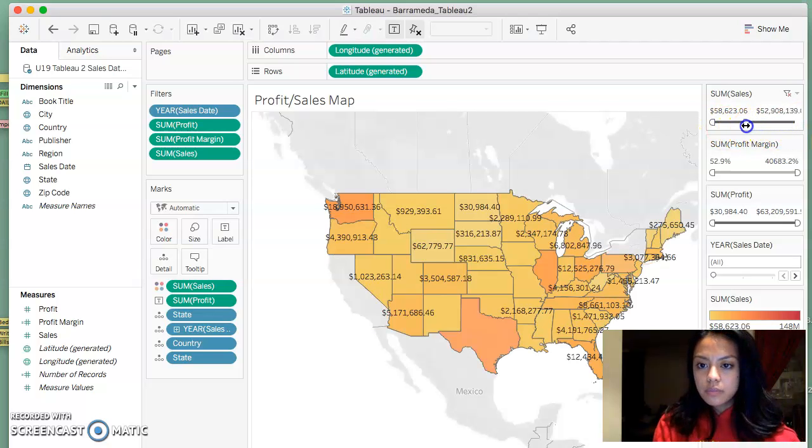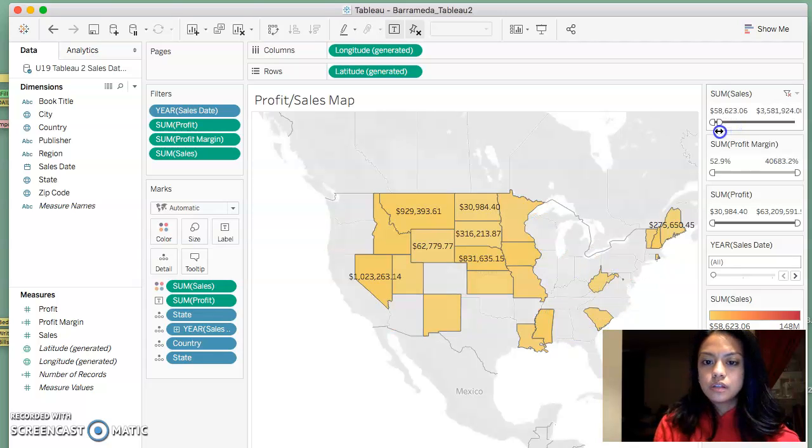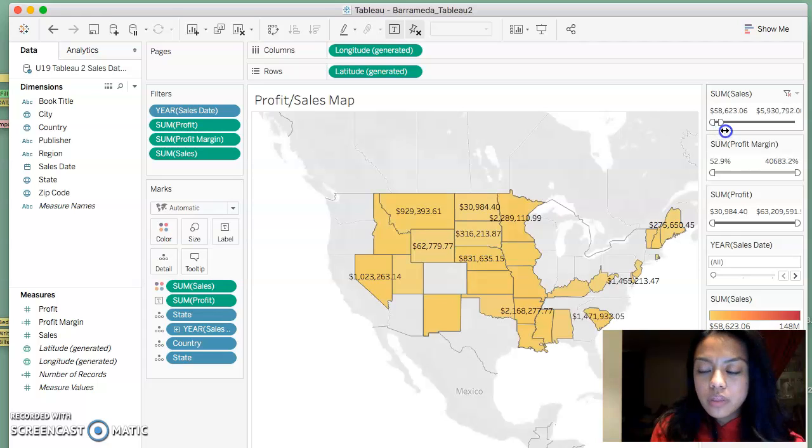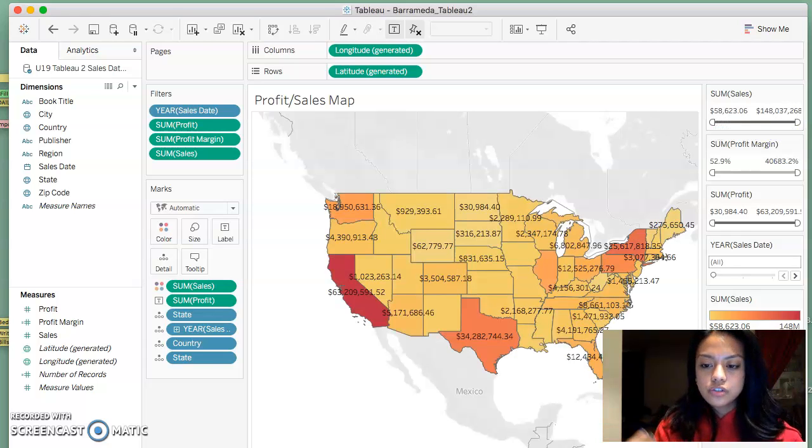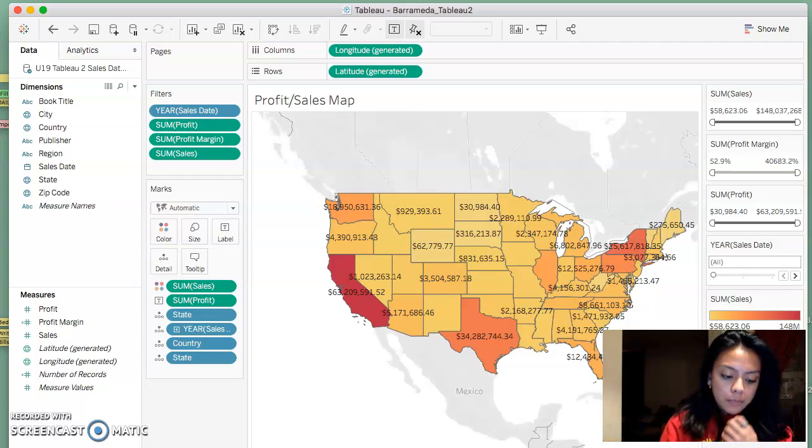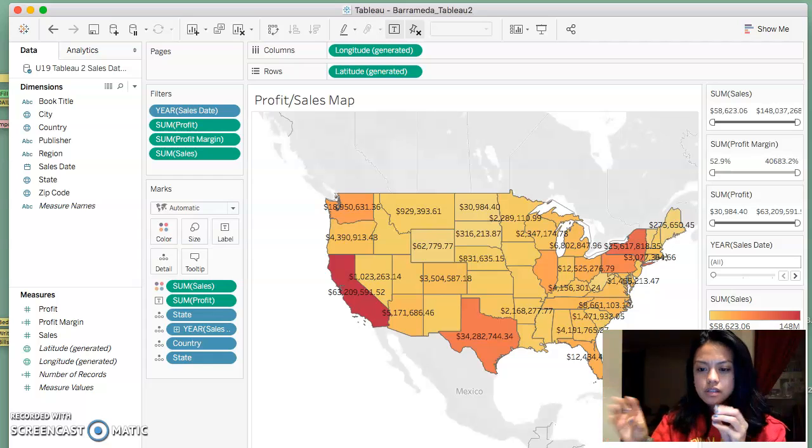There's a lot of people in California. And if I move it over here, you're able to see the same thing, the highest and lowest profit/sales margin. I felt this map was a great visualization for any company to see which states are getting a profit off of the books they are selling, and you're able to target a specific group of people depending on which state.